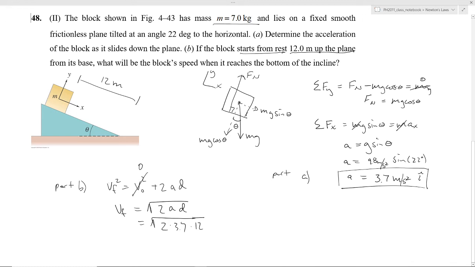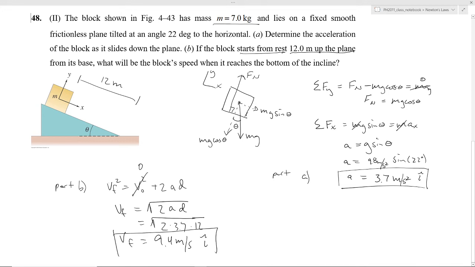Notice when you actually compute this, I would use your unrounded value, but when we crunch the numbers, we find this is 9.4 meters per second. This would also be in the i hat direction, along the x-axis there.